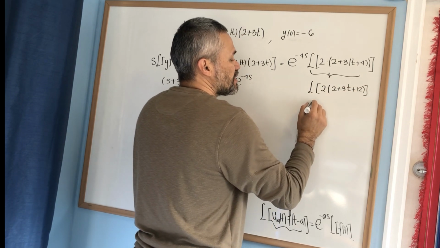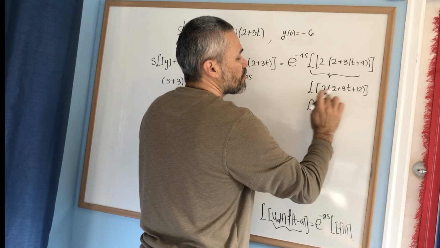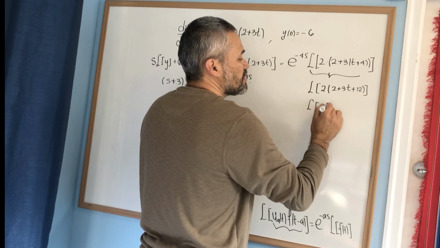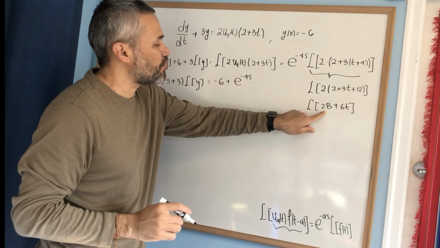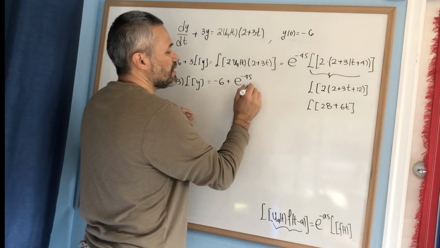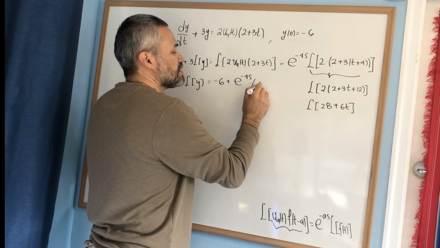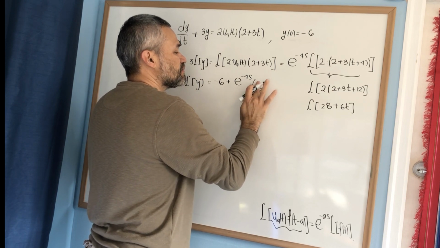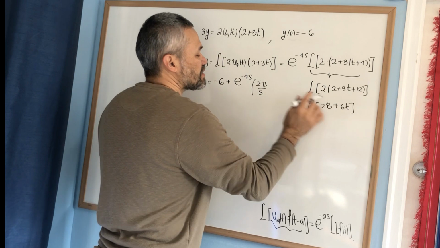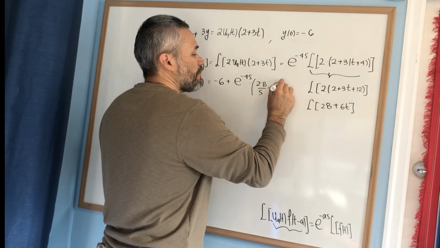And then this is just the Laplace transform of 2 plus 12, 14 times 2 is 28 plus 6t. And the Laplace transform of 28 plus 6t is, the Laplace transform of 28 is 28 over s. And the Laplace transform of 6t is 6 over s squared.